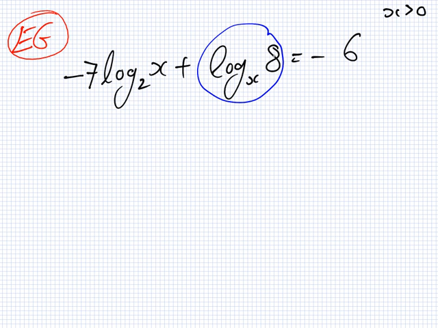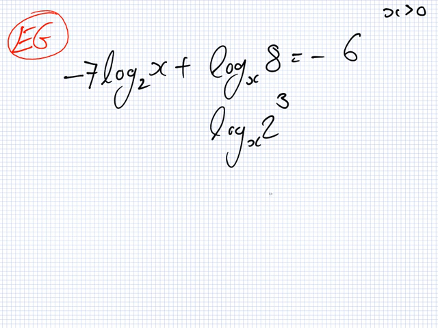It gets flipped upside down. So you could change this into 1 over log base 8 of x. But that just makes a new problem. The base here is 8, and what's the other base? 2. So before I do that, I'm going to change the 8 into 2 cubed.